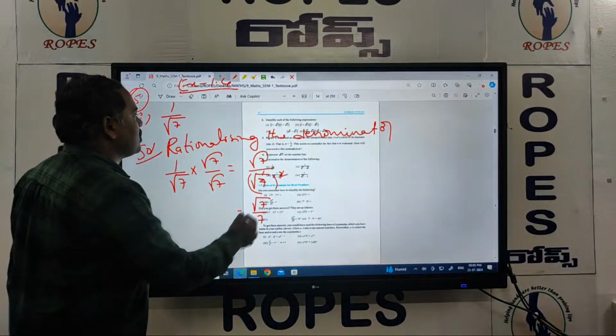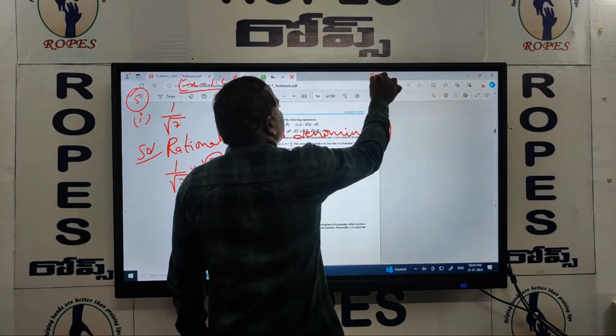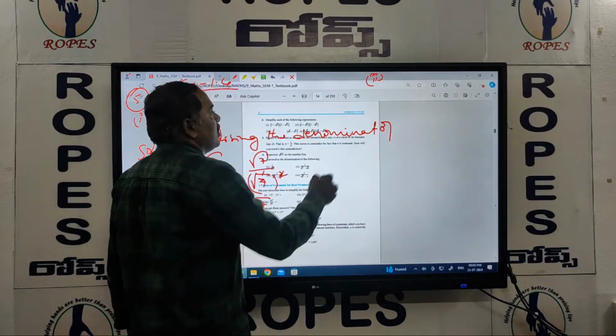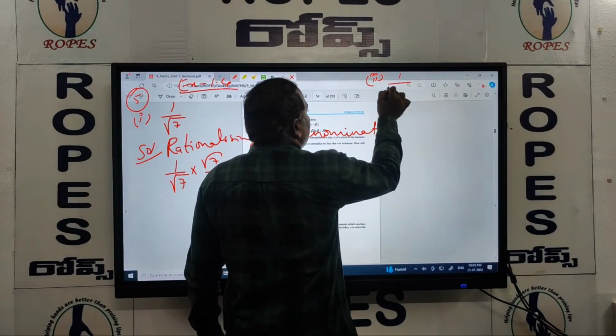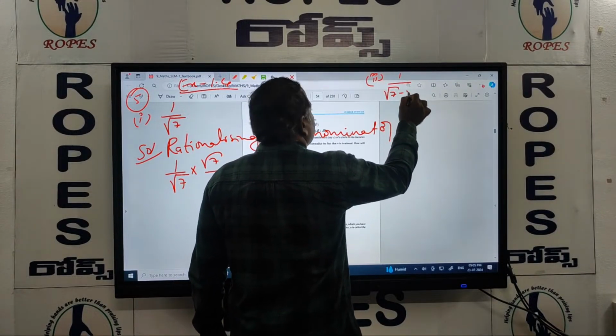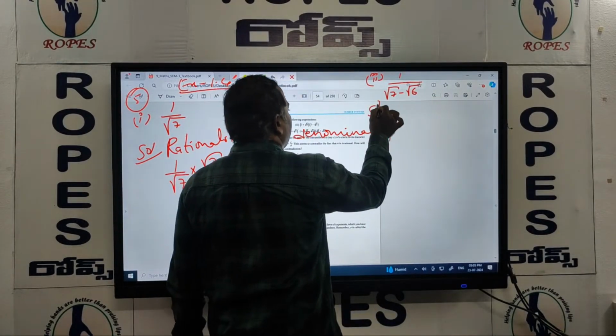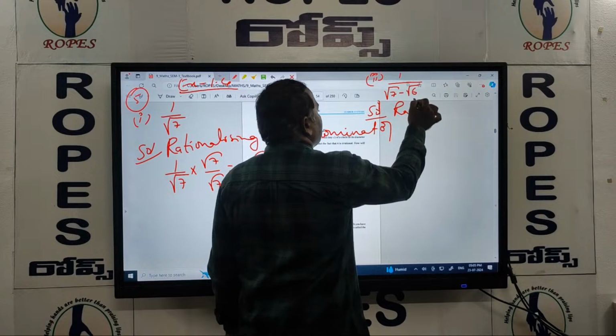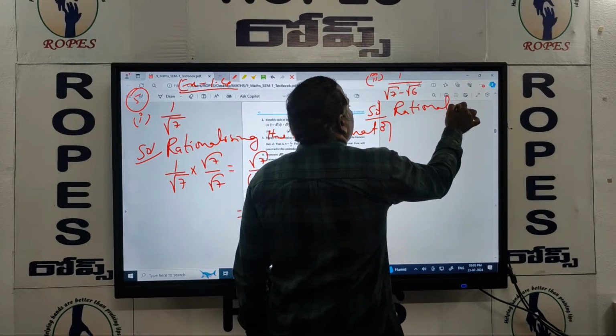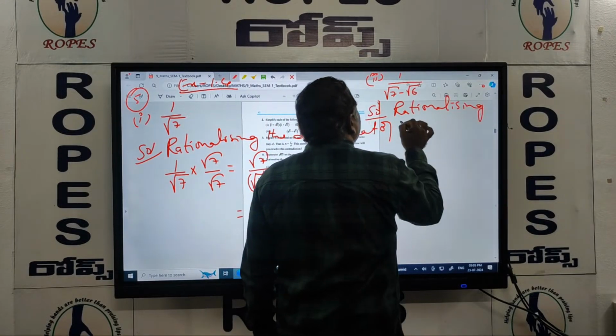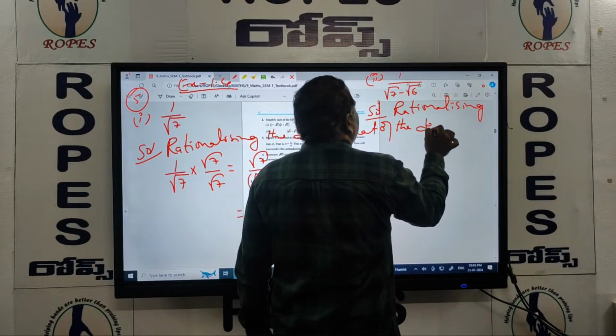Now if you go to the second one, rationalize 1 by root 7 minus root 6. Here also we have to do the same thing. So, rationalizing the denominator.